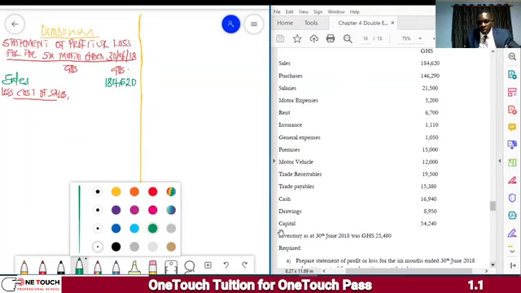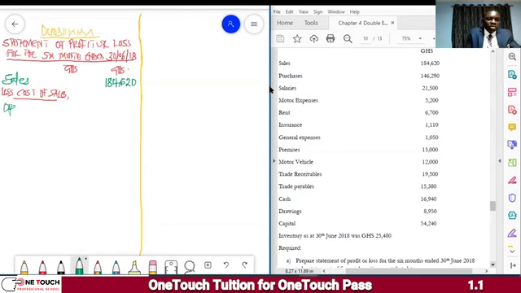No. But I see inventory at 30th June 2018. That happens to be the closing inventory. But I can see that we have purchases. So opening inventory is dash. I add my purchases, and the purchases is 146,290. Good.